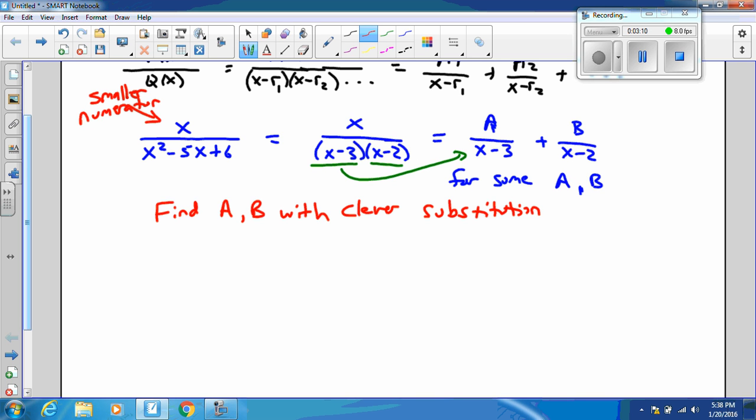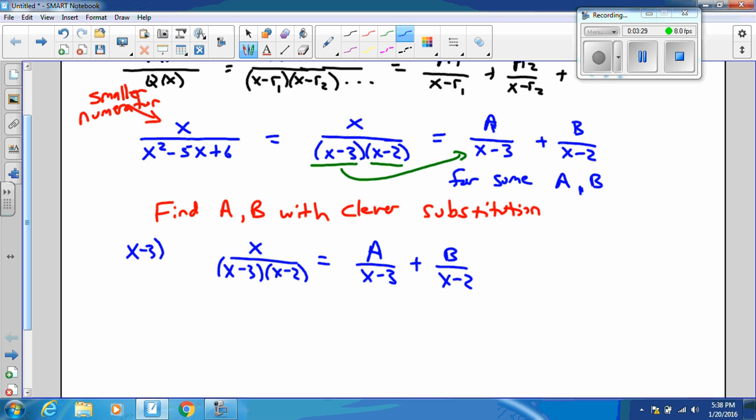Clever substitution is going to start by clearing fractions. I'm going to take my decomposition, and I'm going to multiply both sides by the common denominator, which is x minus 3 times x minus 2.